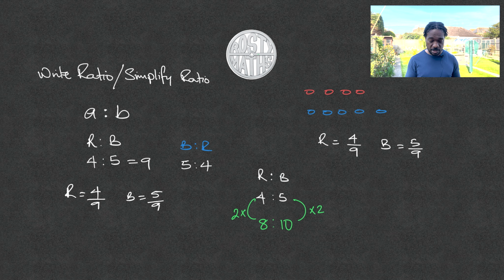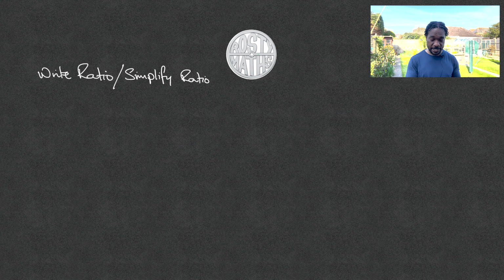I am going to go for a completely different ratio now, and then we're going to scale it down. So let me get rid of all of the stuff I've got here, and I'm going to have a ratio that says 6 to 15. It doesn't matter what it's for, but it's a different ratio. How do I scale that ratio down?